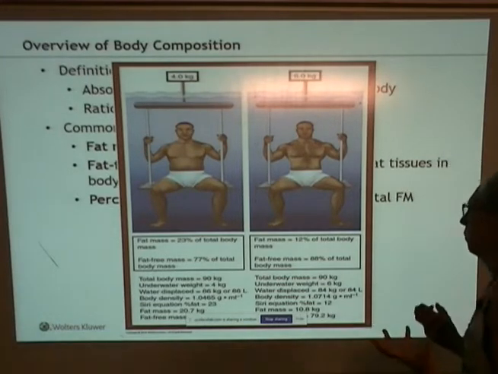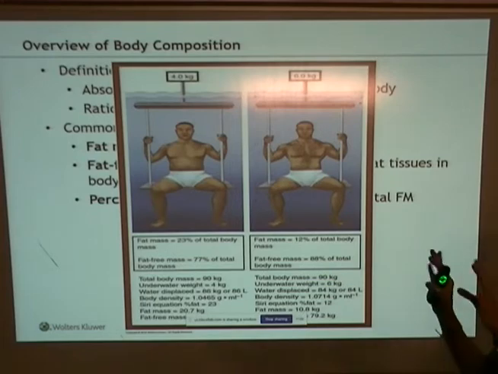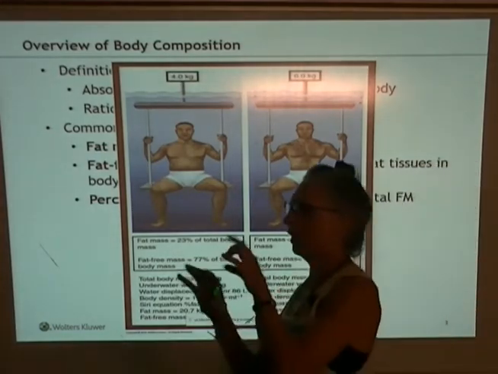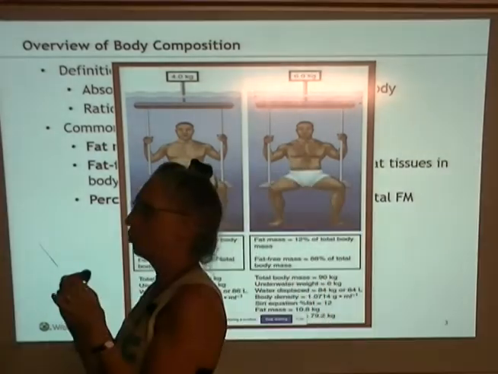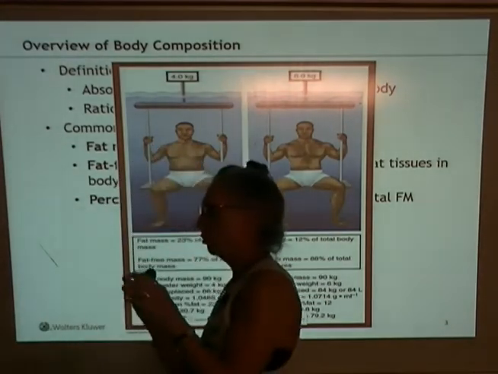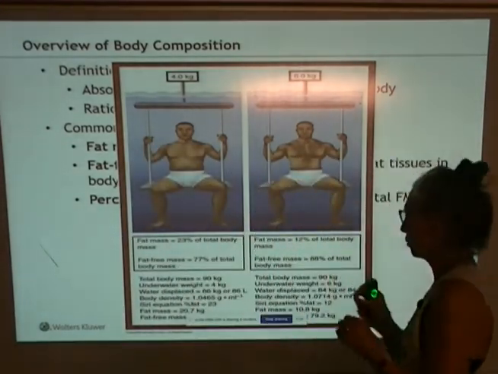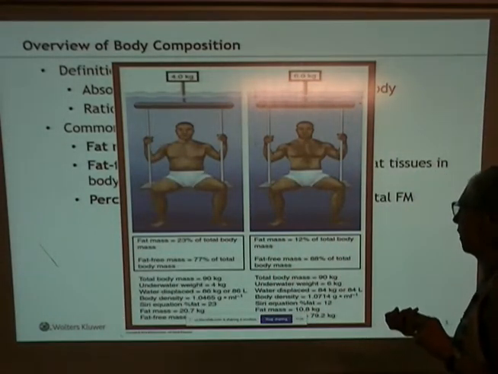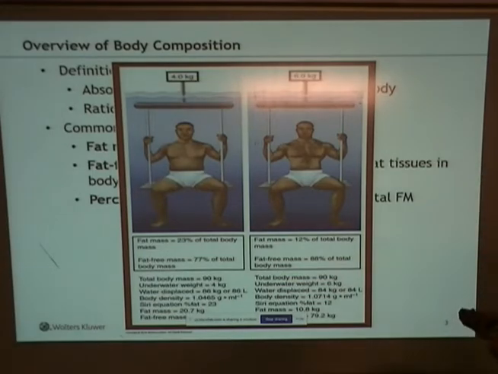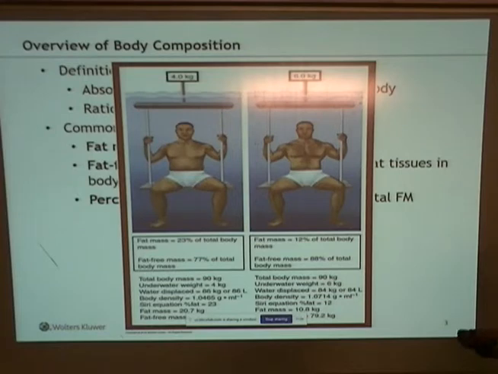Okay? So when you put the numbers into a computer program that uses what we call the Siri equation to sort out percentage body fat, it turns out that the chap on the left has 23% body fat, and the chap on the right only has 12% body fat, right?